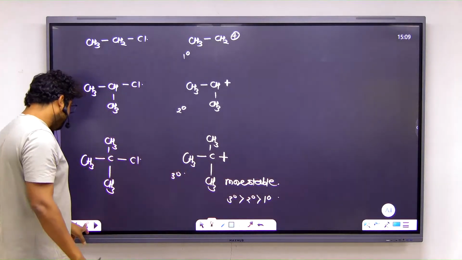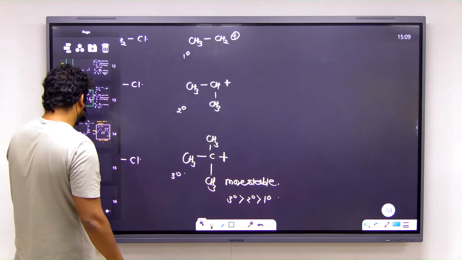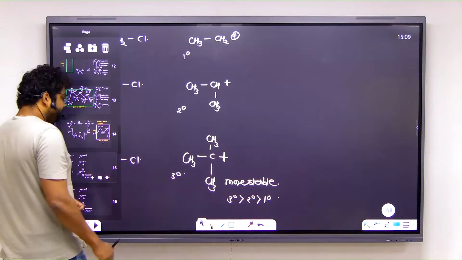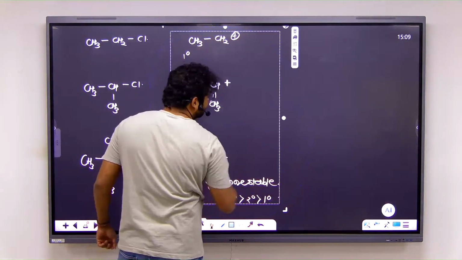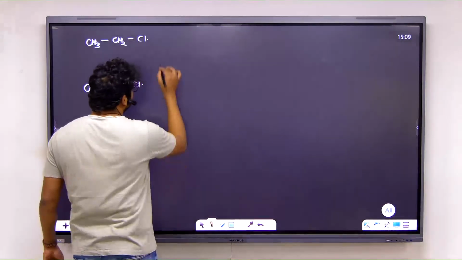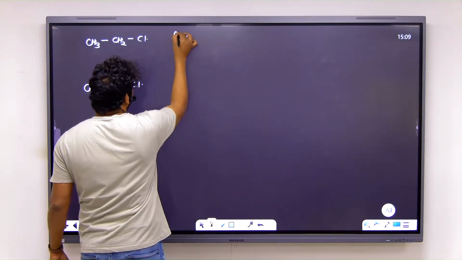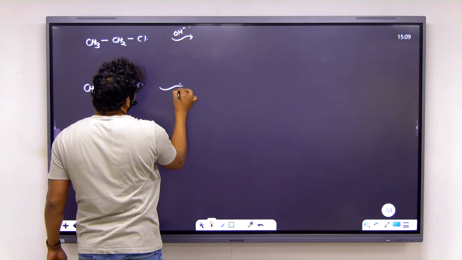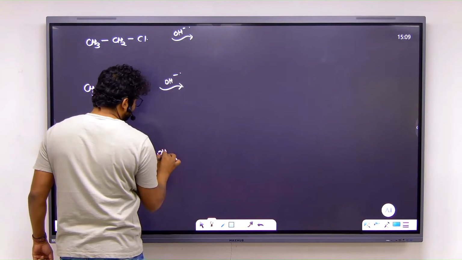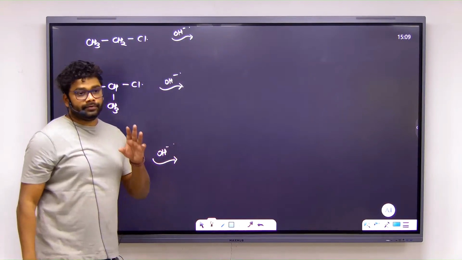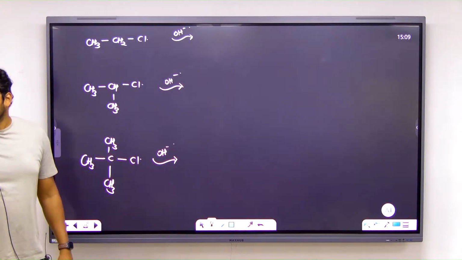So when you perform the reaction of the same category with any nucleophile, OH minus, OH minus, and OH minus, tell me who will form carbocation first?